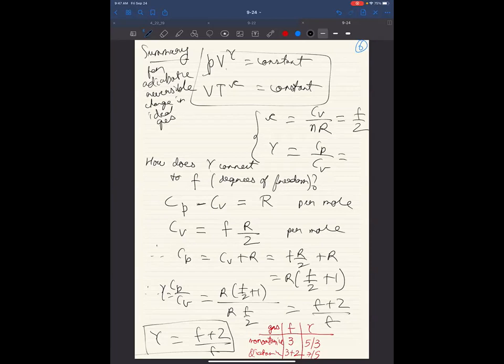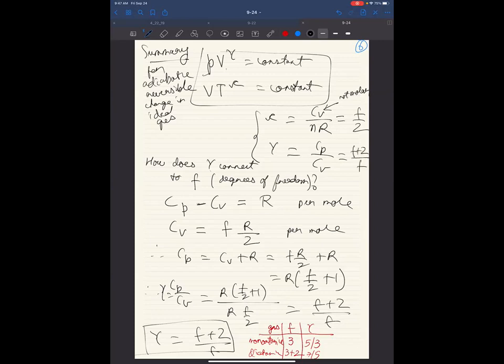And this is not molar, because we have divided by nR. Let's just call it not molar. And gamma is equal to (F plus 2) by F.